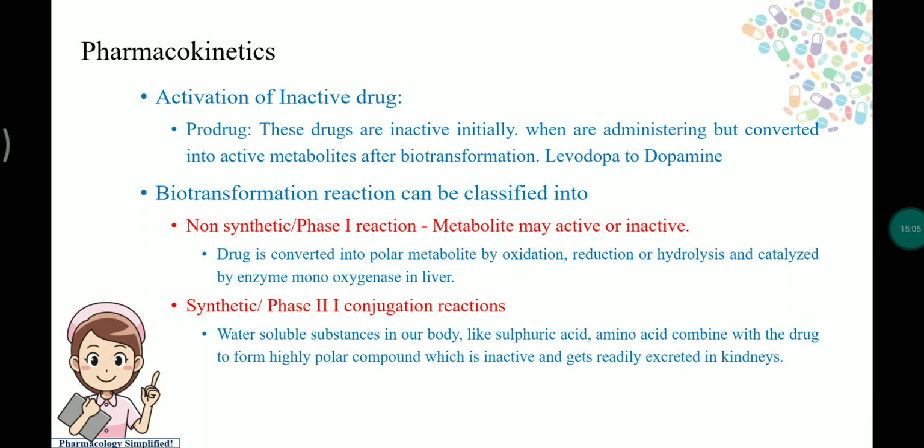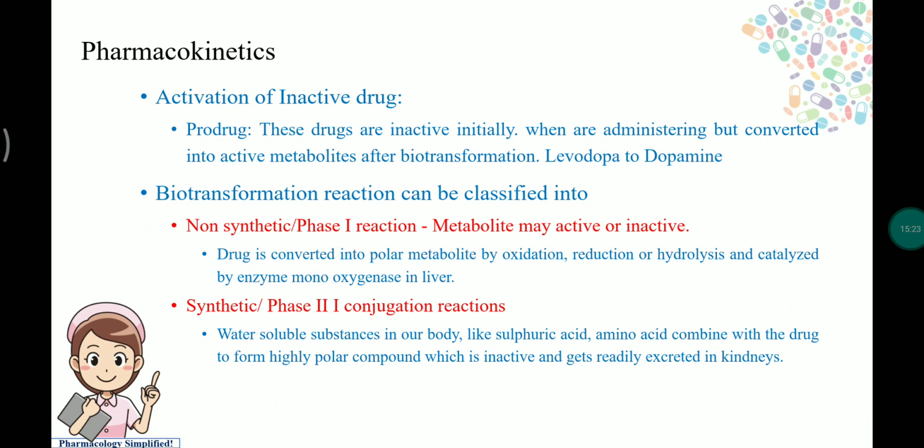Whereas in phase 2, water soluble substances that are present in our body, like sulfuric acid and amino acids, combine with the drug. We call it sulfonation or conjugation. We call them conjugation reactions.